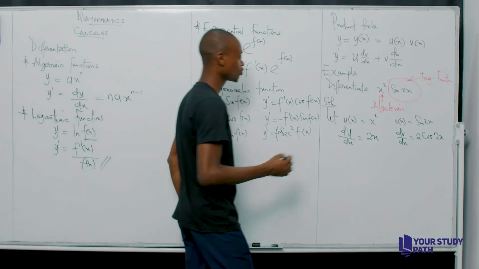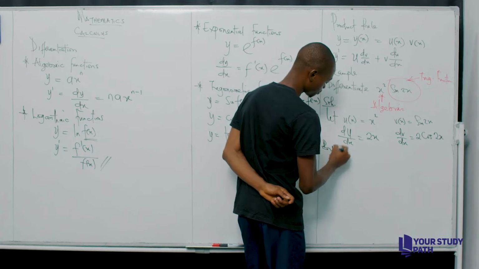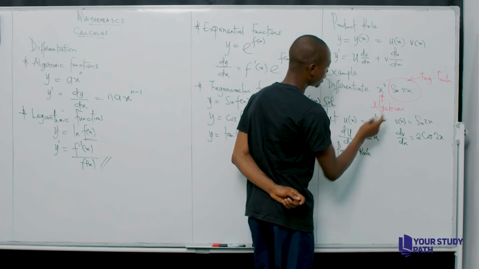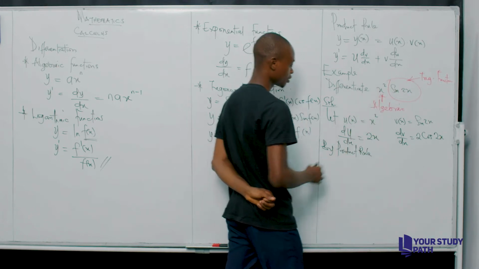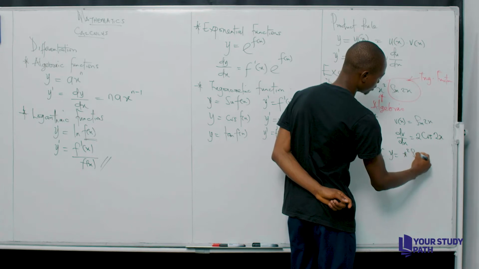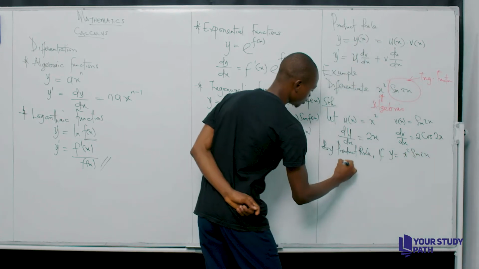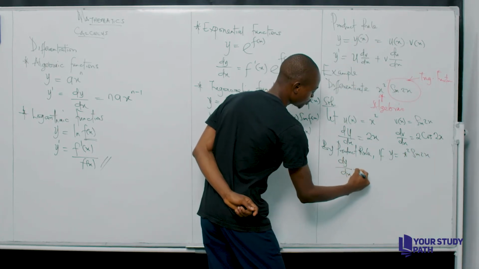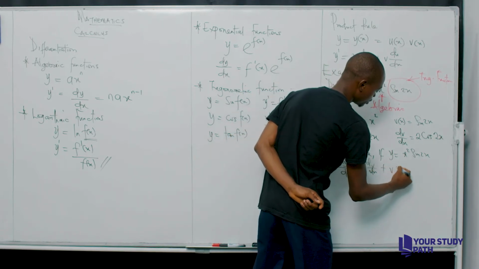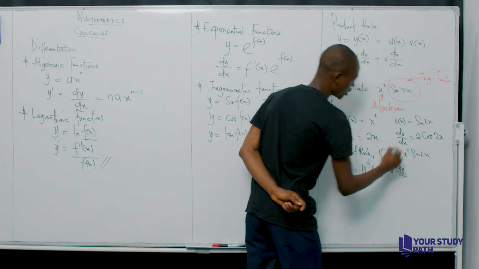Next, we look through the product rule. By the product rule, if we term this function as y equal to x squared sine 2x, then dy dx will simply be u dv dx plus v du dx.